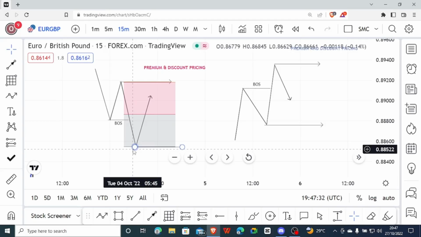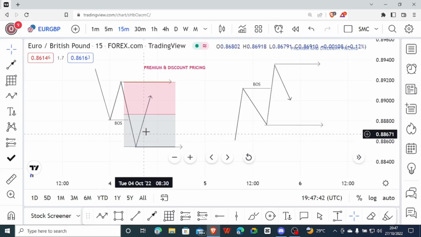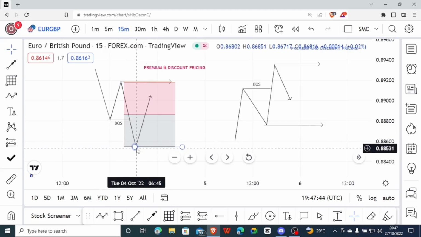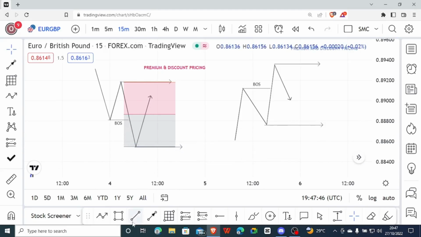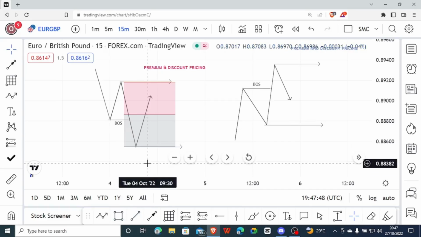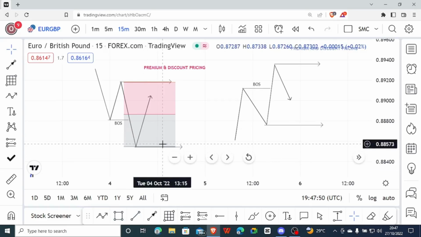You need to see your retracement. Price must complete the full cycle of its retracement before going lower to break structure in the case of this downtrend.